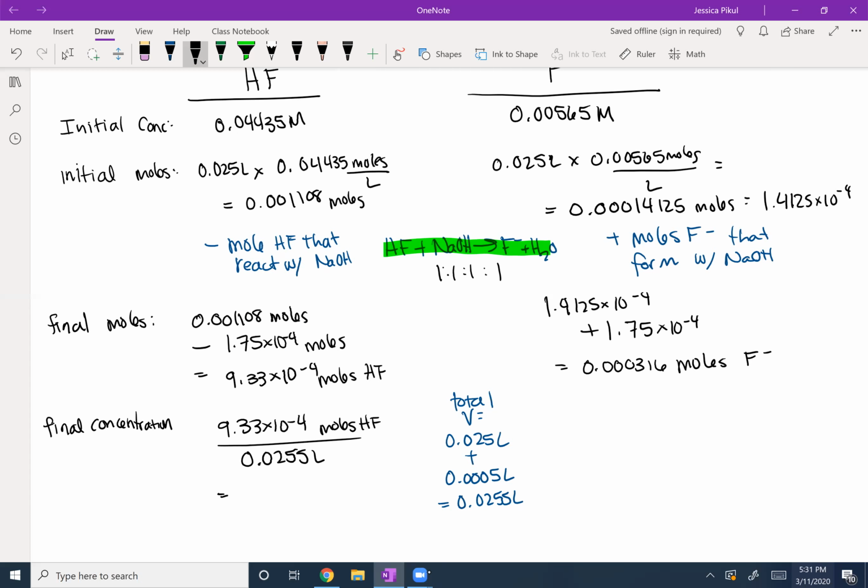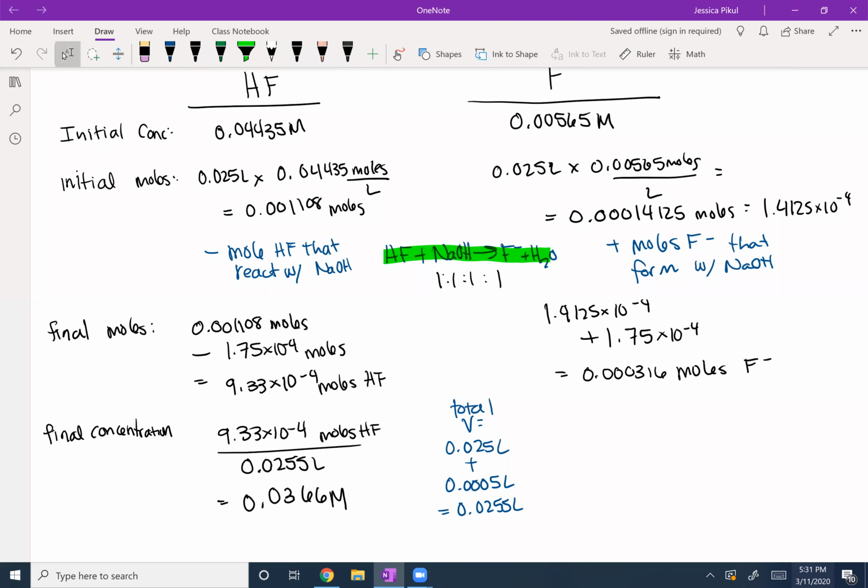And that gives me a concentration of 0.0366 molar. And our final concentration for our fluoride is going to be that 3.16 times 10 to the negative 4th moles of fluoride divided by our 0.0255 liters, for a concentration of 0.0124 molar.